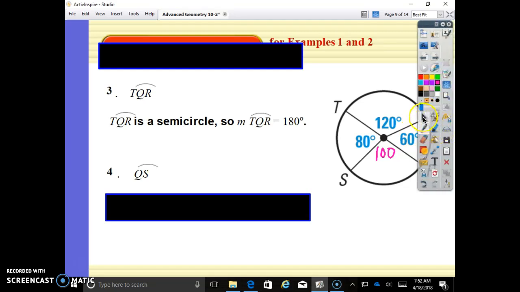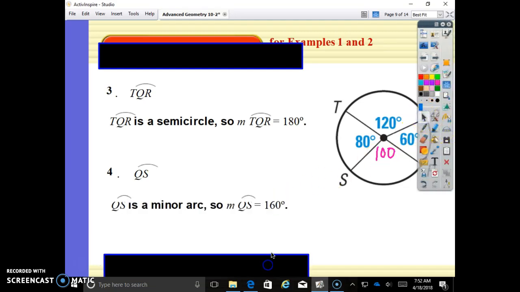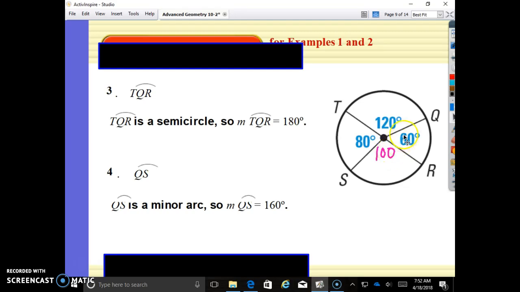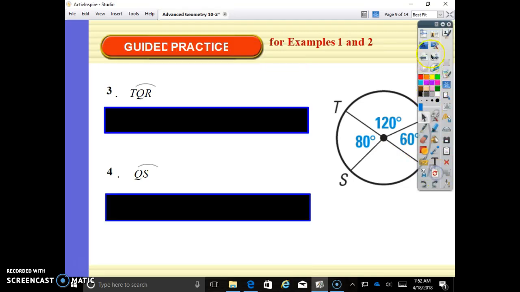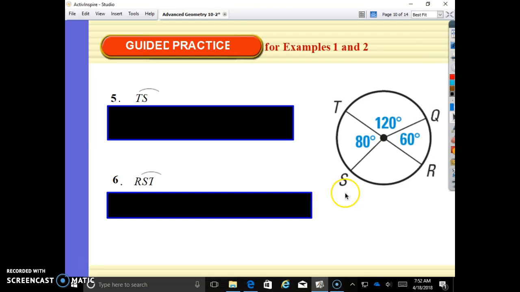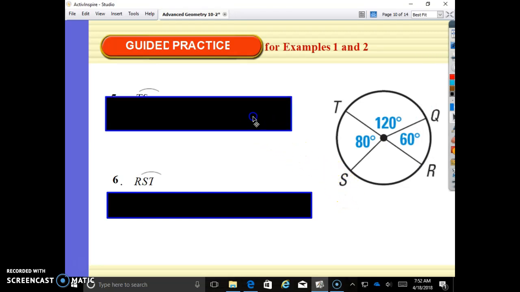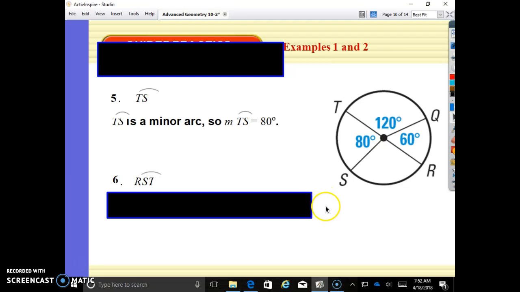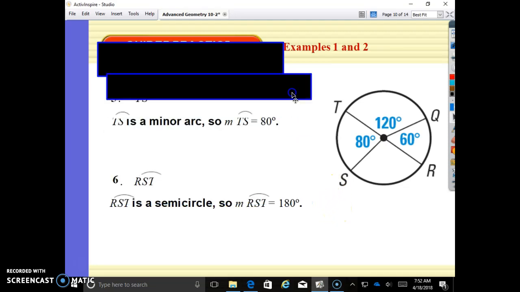Good job. You also could have, instead of finding this, if you're looking for these two, done 360 minus those two. TS is 80 degrees, minor. How about RST? 180, semicircle.